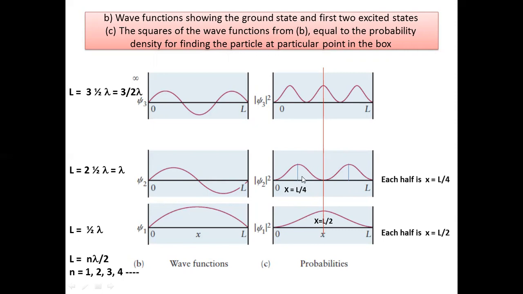Again, the second will be 3L by 4. So this is 0, and this point is L by 4. Similarly, you can add up L by 4. This point would be L by 4 plus L by 4, that means 2L by 4. So 2L by 4 means L by 2, and this is the same position over here because it is L by 2.